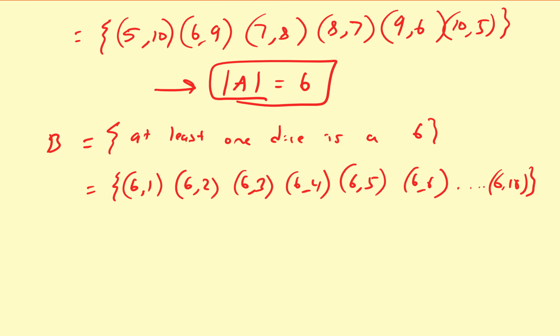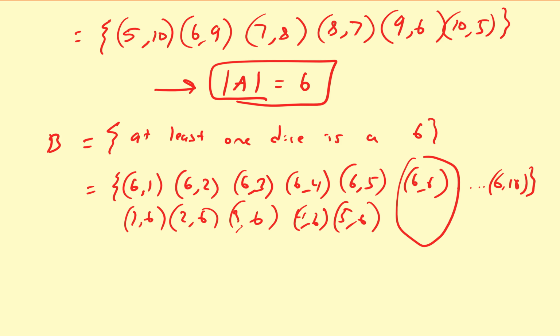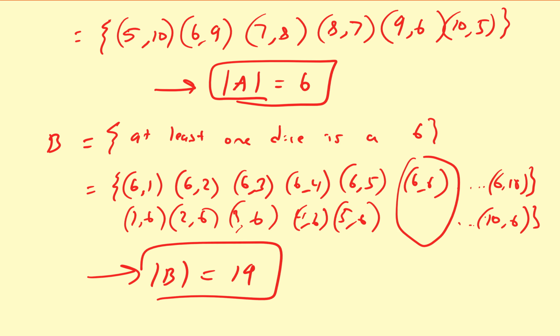Or I could have the event (1,6), (2,6), (3,6), (4,6), (5,6), I'm not going to include (6,6) because that event has already occurred, all the way out to (10,6). So this is like 10 times 2 minus 1, which is equal to 19.